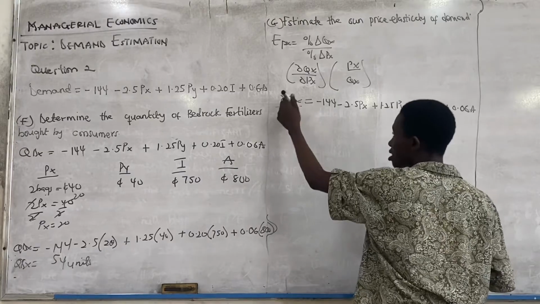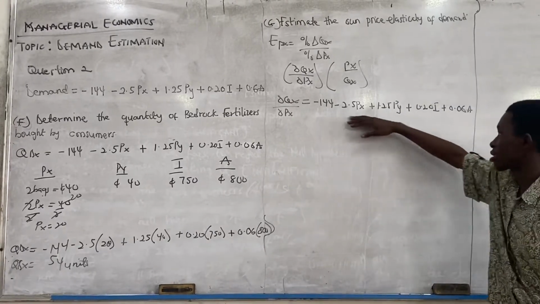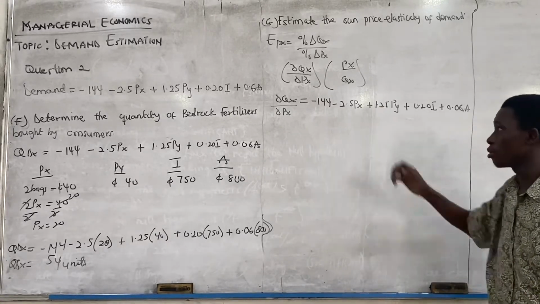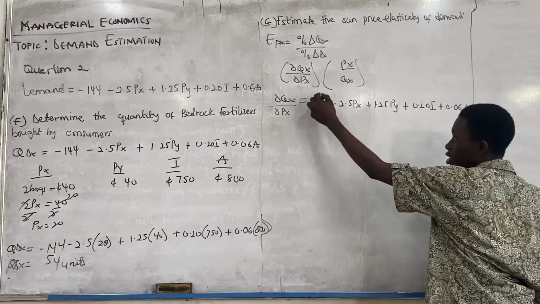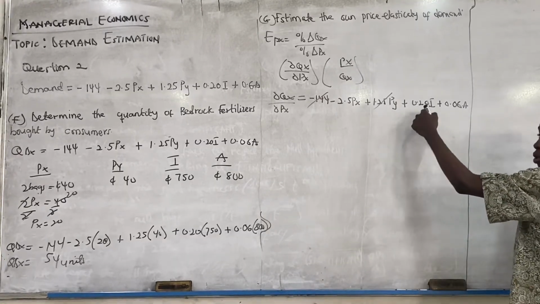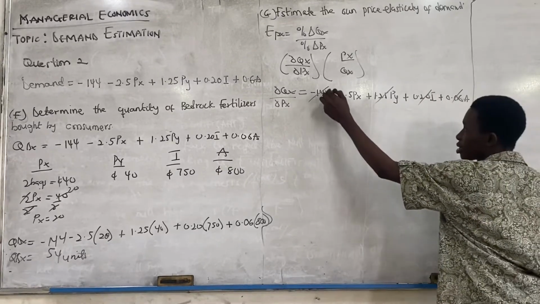We are going to differentiate QDX with respect to Px. So anything you see at this side, apart from Px, it's what? 0. This is not Px, so this is 0. This is also not Px, so 0. Same applies to this, 0. So you are left with this one.